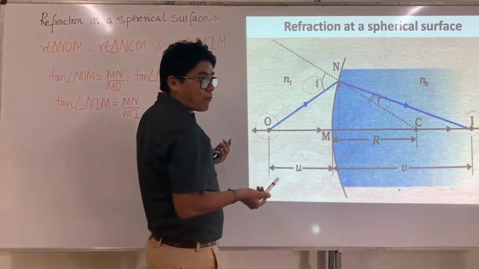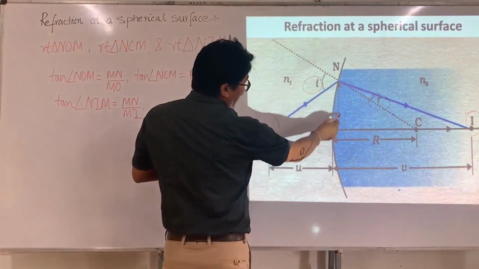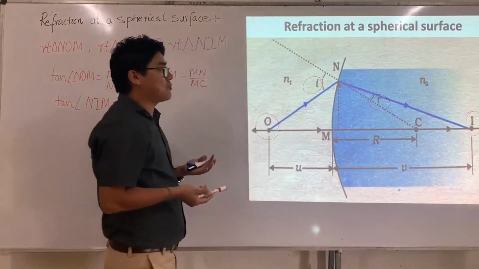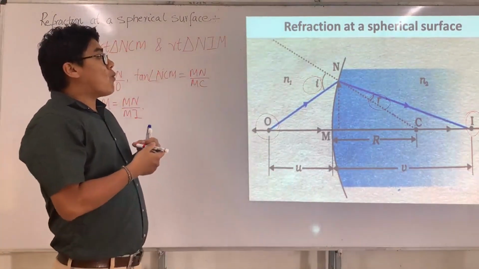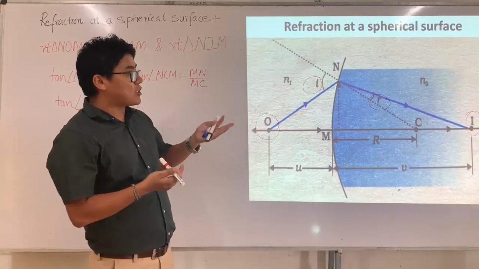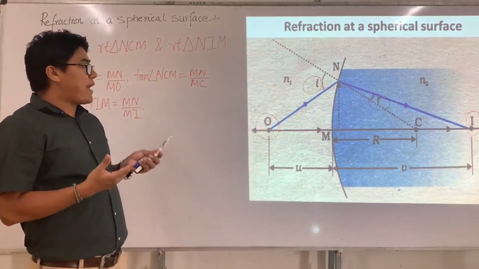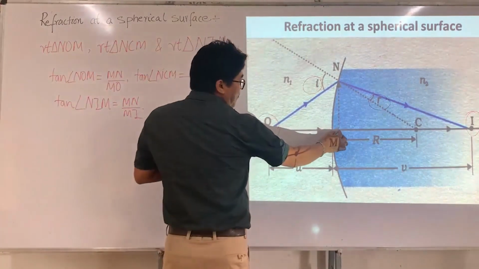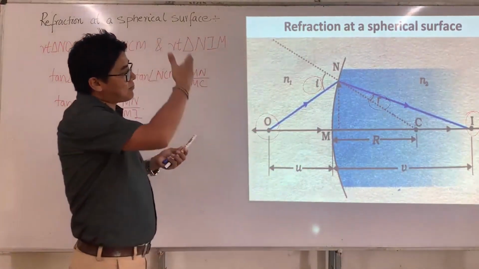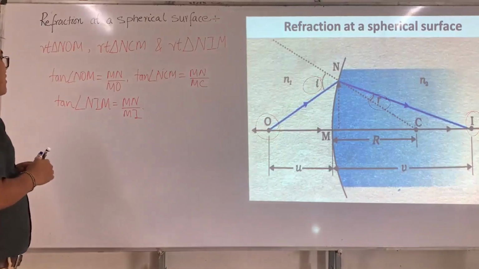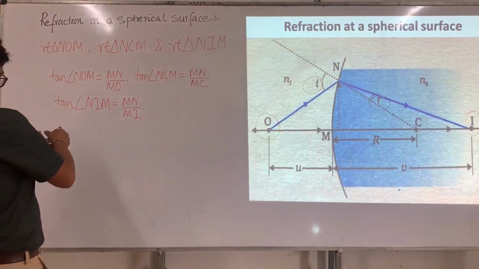So this is again an approximation. I take this dotted line as an approximation. How can we take this approximation? We take a paraxial ray. Once we take a paraxial ray, this distance becomes very, very small, and it is something like a straight line. This is what we have.